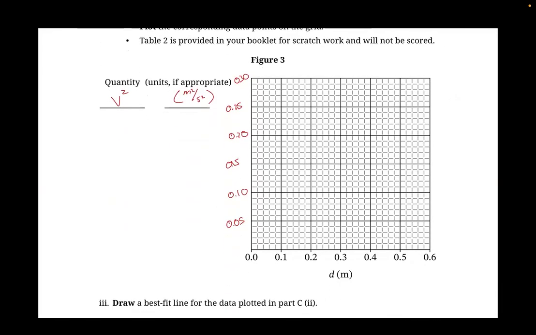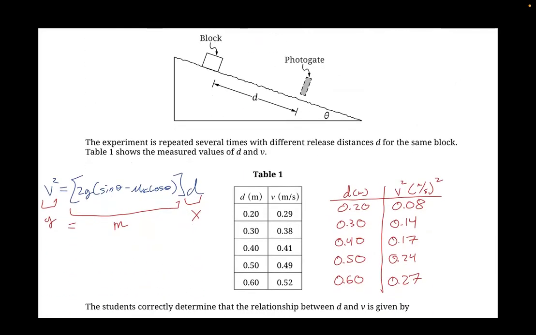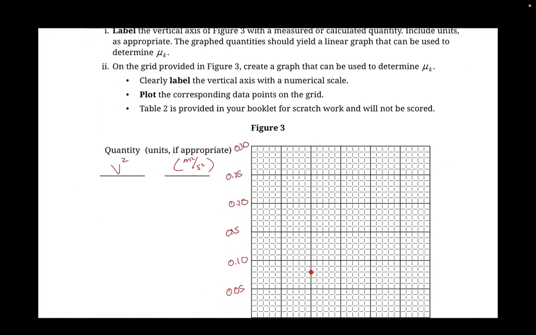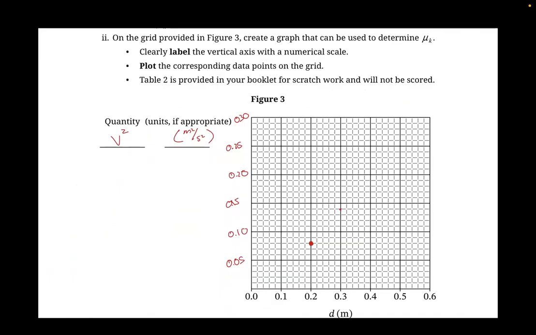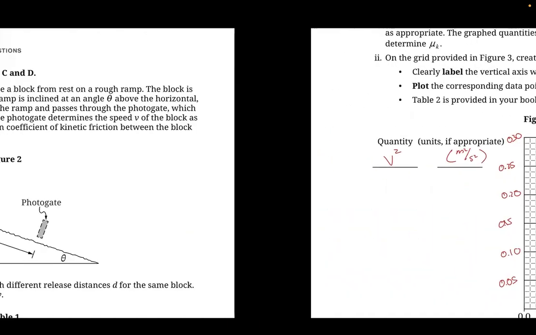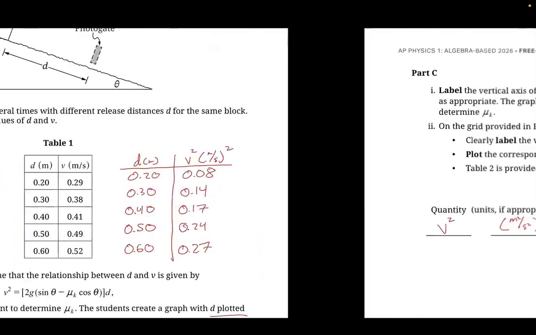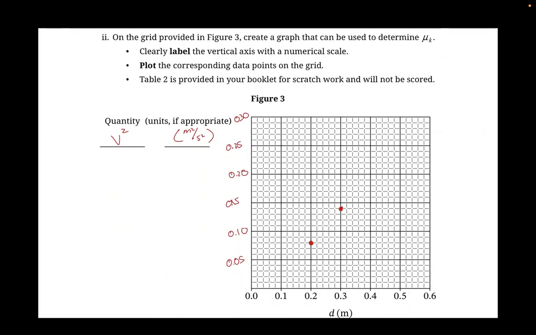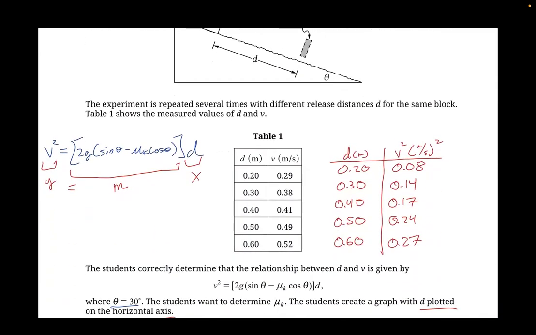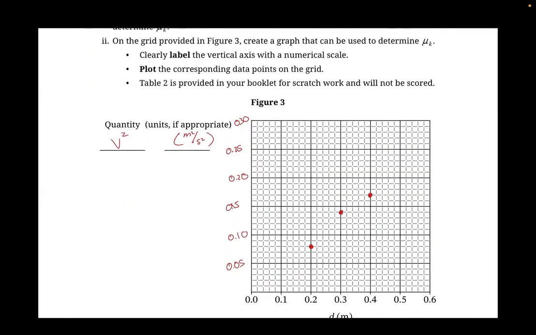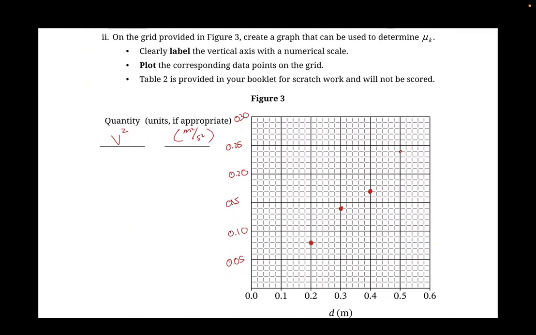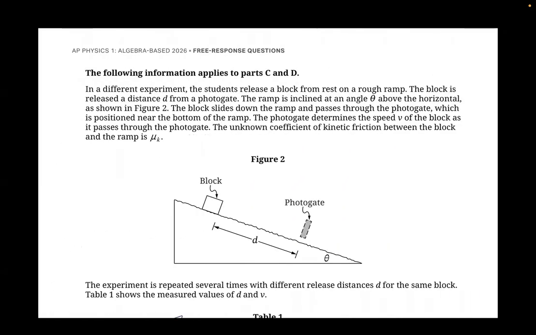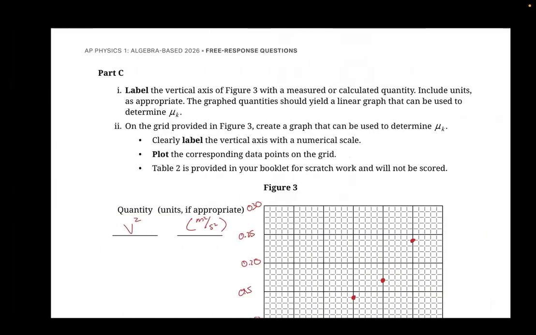So that's going to be right around here. Make a point there. Next one is 0.3, 0.14, which is here. Next one is 0.4, 0.17, which is here. Next one is 0.5, 0.24, which is here. And then the last point is 0.6 and 0.27.